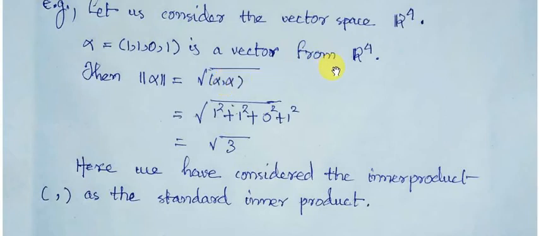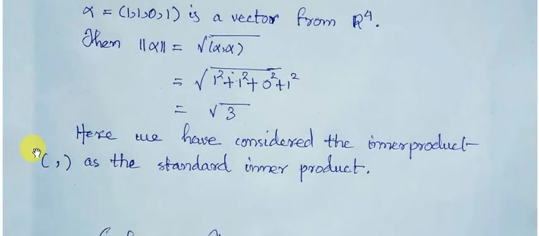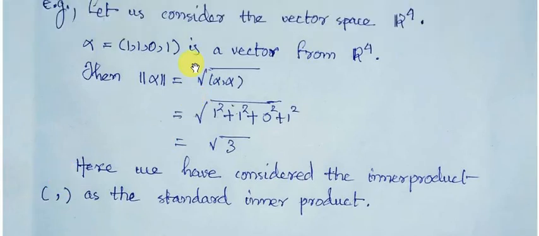In fact, we are considering on this Euclidean space R4 the standard inner product. Try to recapitulate what was the standard inner product. Standard inner product was the component wise multiplication of the component vectors forming the point or member of V cross V, and the addition of the corresponding terms.